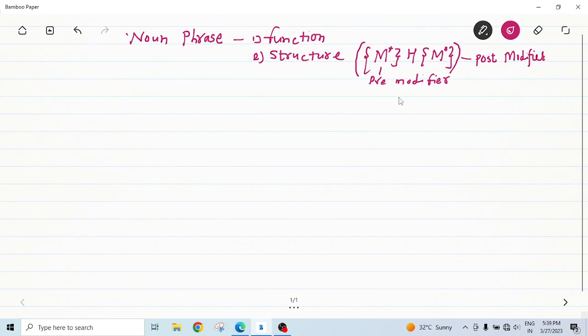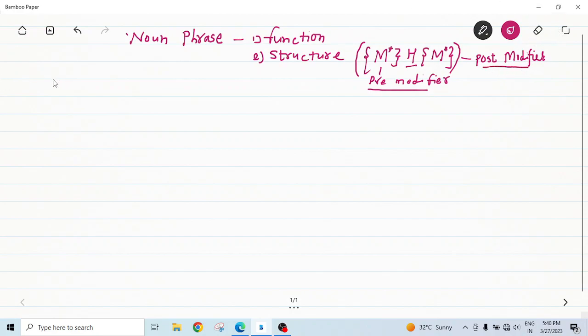Now in my last videos I talked about head and pre-modifiers, which class of word functions as head and as a pre-modifier in a noun phrase. Today we are going to talk about the post modifier.